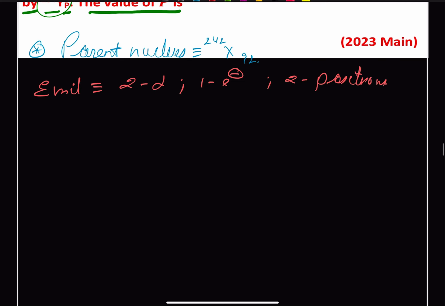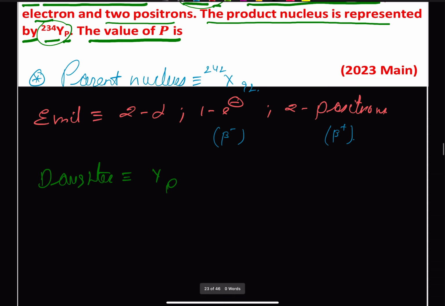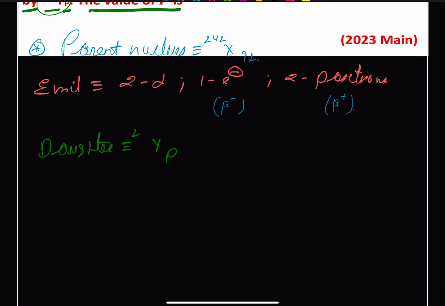And 1 electron is sometimes also written as beta negative, and this positron is also written as beta positive. And the daughter is said to be YP with 234, and we are supposed to find out this value of P.